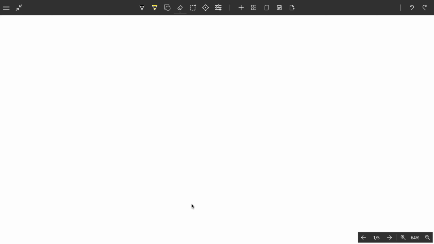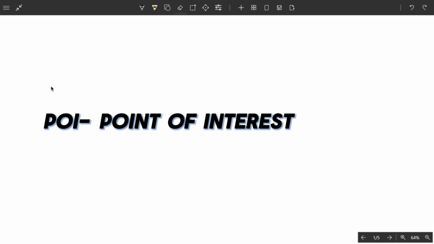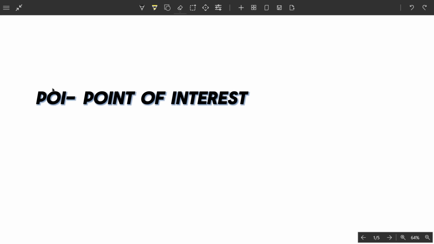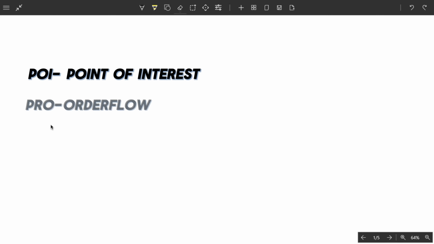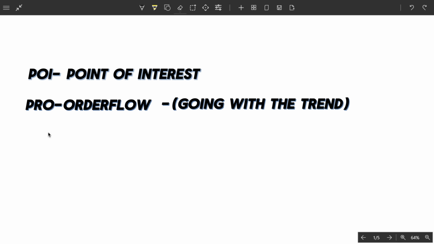I'm going to be using the word POI, which is an abbreviation for point of interest. I'm going to be using the word pro order flow, which means going with the trend, right? And I'm also going to be talking about liquidity sweeps.